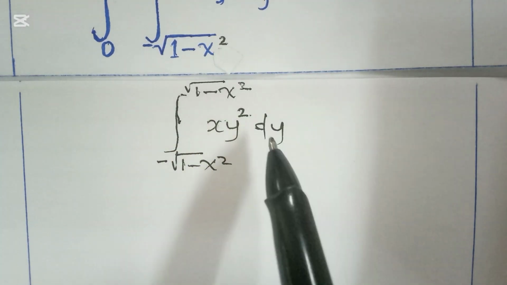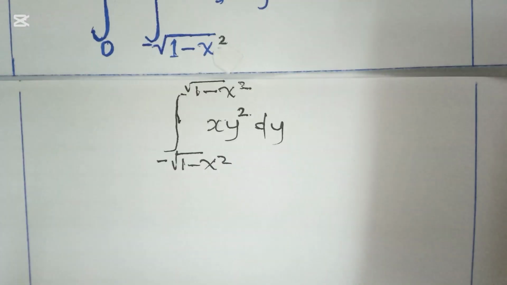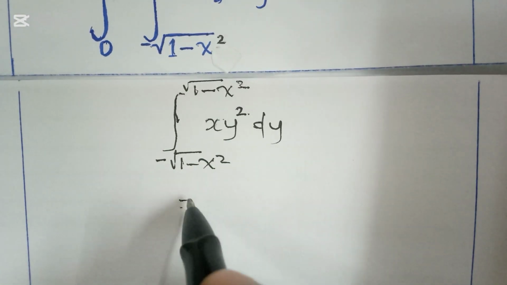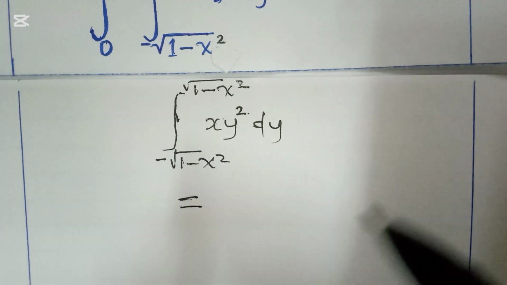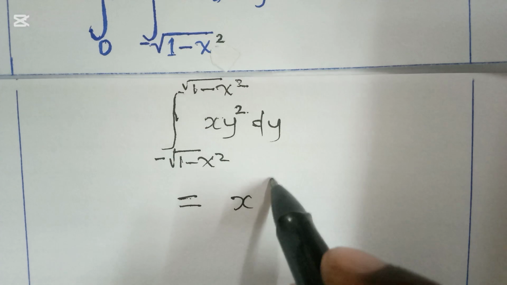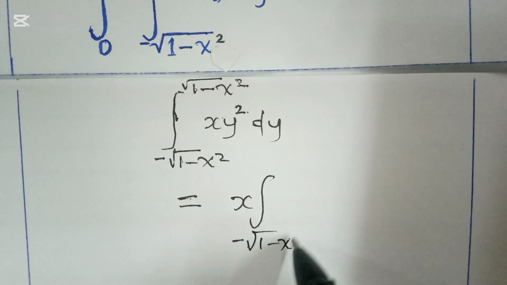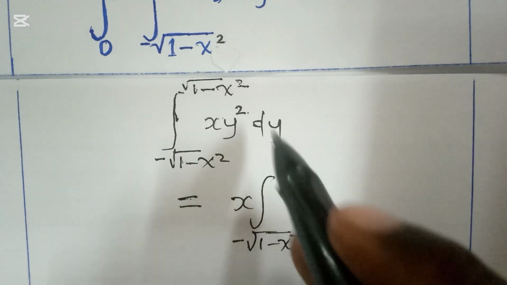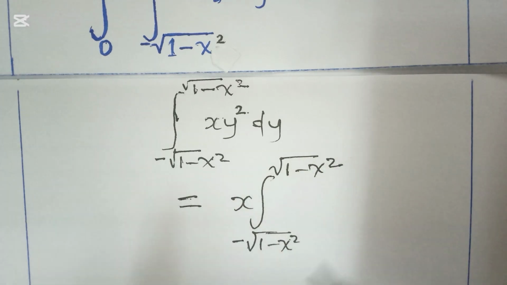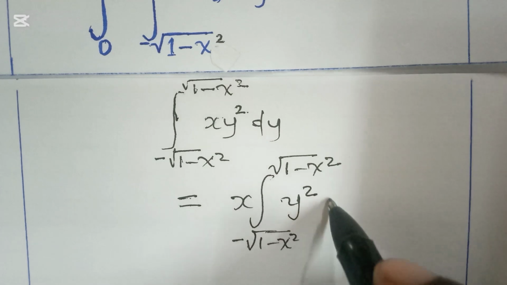I first integrate with reference to dy, and for that x remains constant. So x is now a constant. Then we integrate from negative square root of 1 minus x squared to square root of 1 minus x squared. So x I have brought out, then we remain with y squared dy.